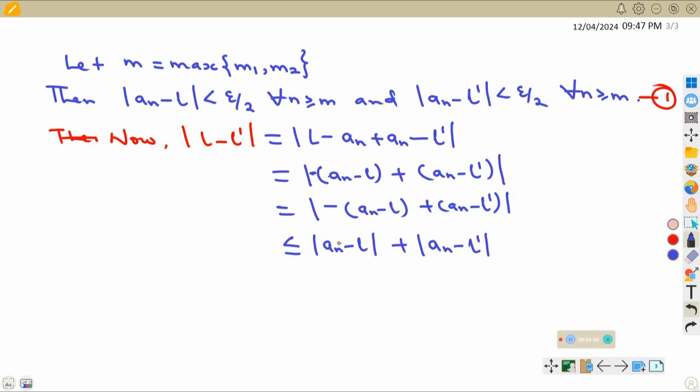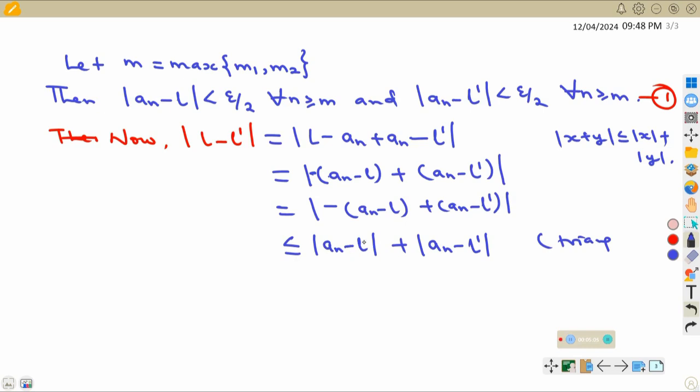That is when you use the triangle inequality. If you have the magnitude of x plus y, by the triangle inequality this is less than or equal to the magnitude of x plus the magnitude of y. We shall use the triangle inequality to get this expression.